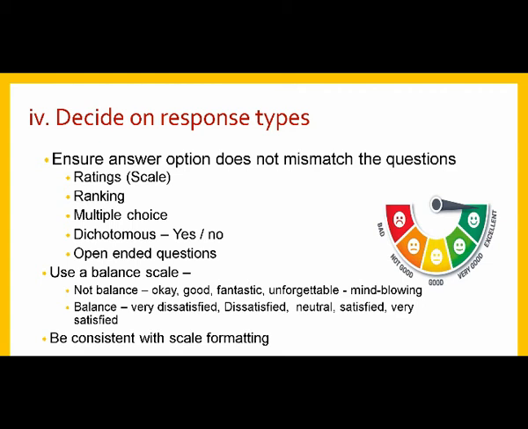It is important that their use is not mismatched with the question's design. For example, if you're asking the respondents how satisfied they are with the service provided by the cafe, the rating scale that is suitable is the satisfaction scale, ranging from strongly dissatisfied to strongly satisfied, and not the dichotomous yes or no answer type.